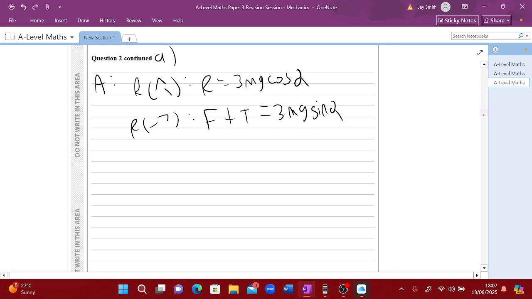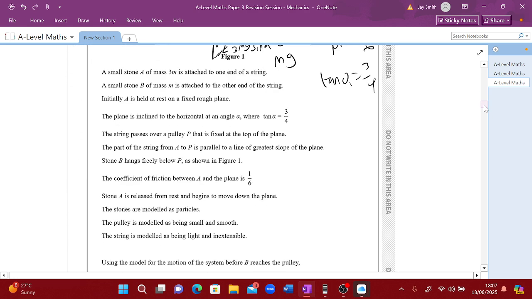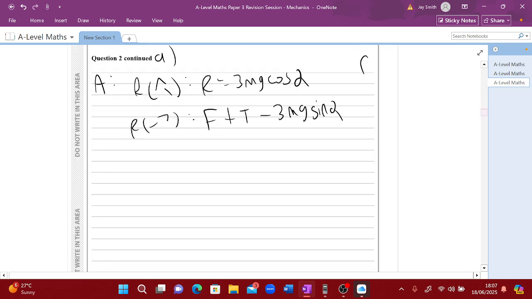Now I could have put equal to, but I can't. Why not? Because it's actually saying it's moving. Stone A is moving down the plane. That means it can have acceleration. Because all this resolving is essentially using F equals ma. That's how we get it. But when the acceleration is 0, simply the forces on opposite sides equal each other, which is what we've done here.